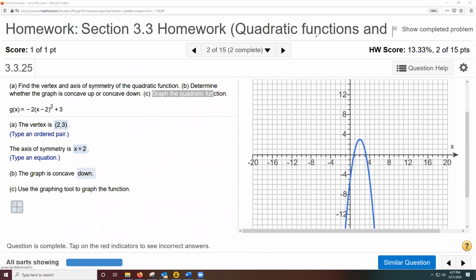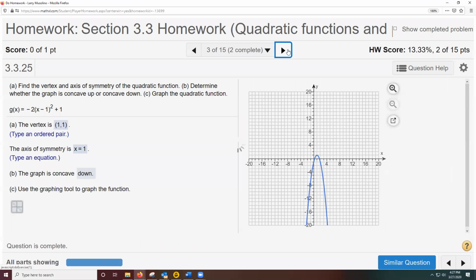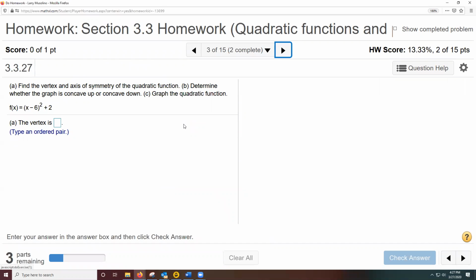All right, maybe we could do another example like this. All right, let's take a look at this one. And let's do this from scratch. Now I'm seeing here this is similar to what we just did. So let's work on this one. Let me write this over here.